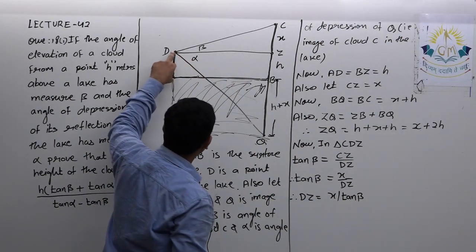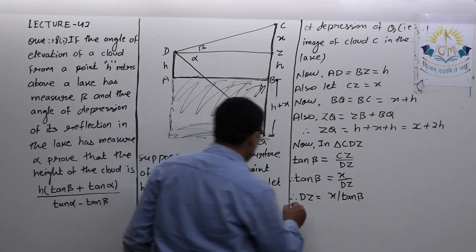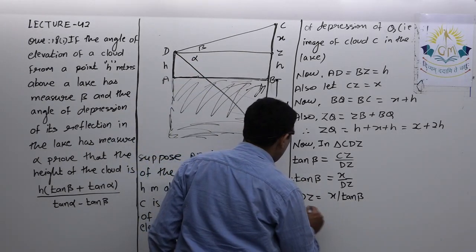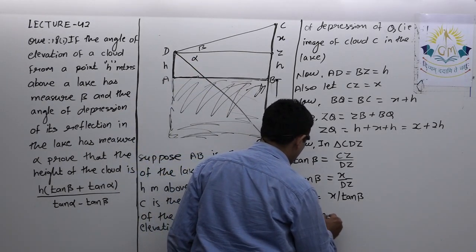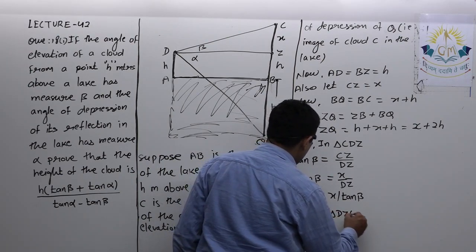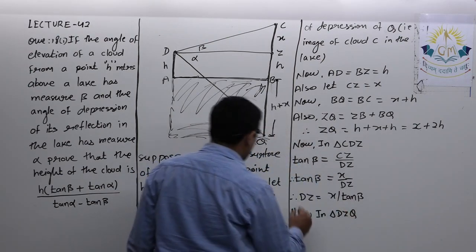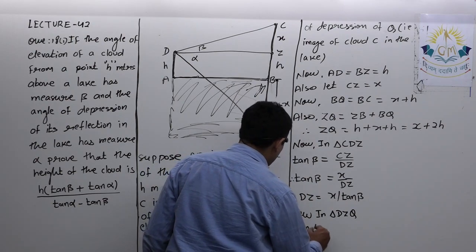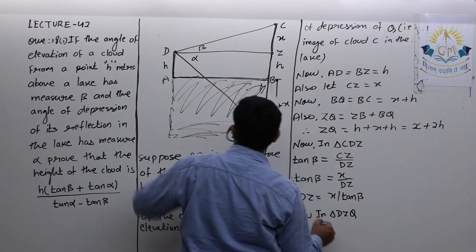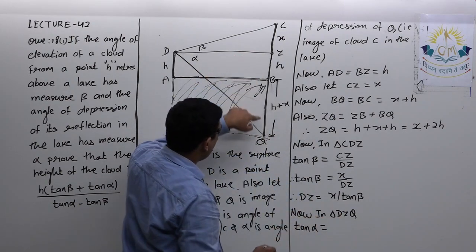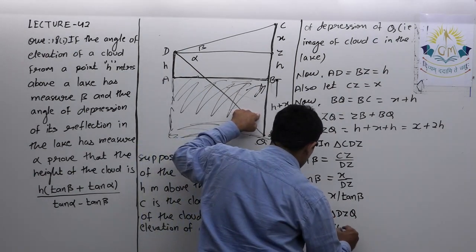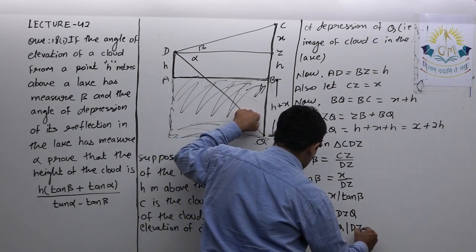Now I will come to triangle DZQ. In triangle DZQ, again here I can apply tan alpha, which is again perpendicular upon base. Perpendicular is ZQ and base is DZ.